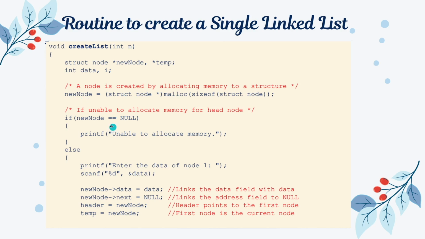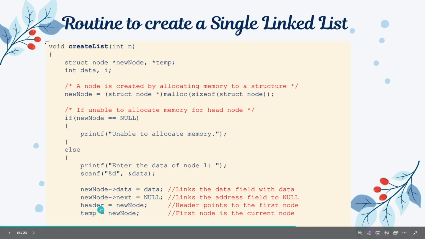We check whether the memory allocation was successful or not with the help of if new node is equal to null. If memory allocation was unsuccessful, it would have returned null instead of a pointer holding some address. So, if null, we say that memory allocation was unsuccessful, otherwise allocation was successful. So, we ask for data, we put data in the data part, and we put the address as null.